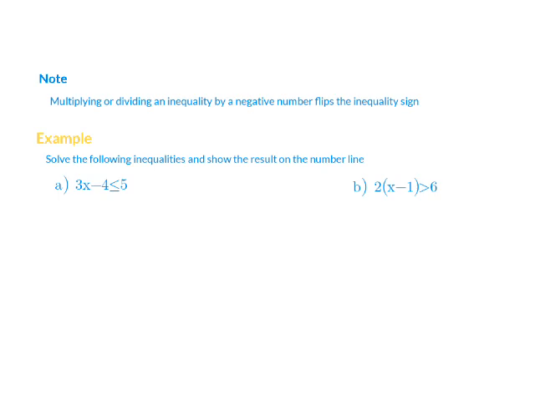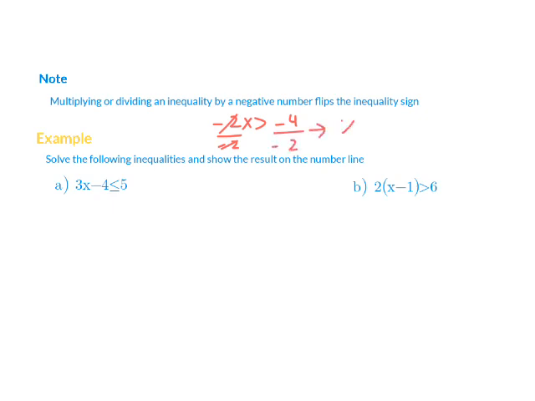Now, a small note on inequalities is that multiplying or dividing an inequality by a negative number flips the inequality sign. So, if I have negative 2x is greater than negative 4, to find x, I will divide the left hand side by negative 2 and the right hand side by negative 2.